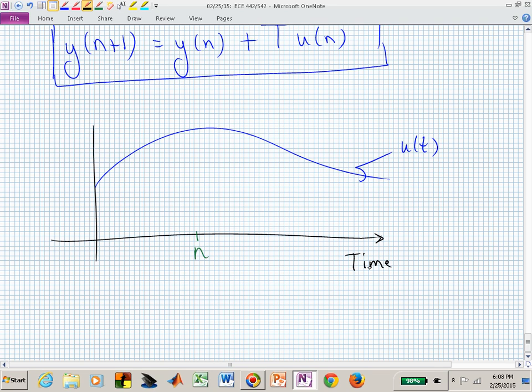Let me say this is time. This is now time n, and at time n, this point is u at time n. I've basically suppressed the sample period. This is now the function u of n as a function of time.